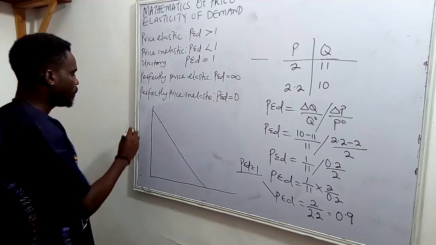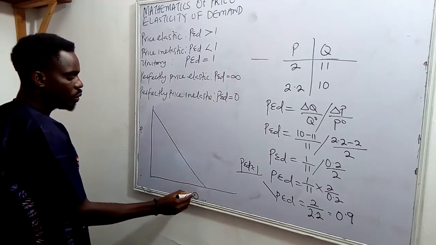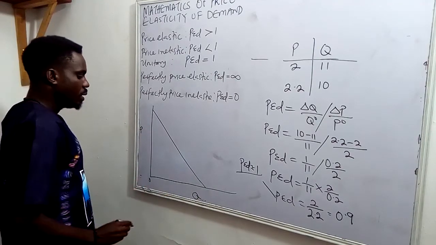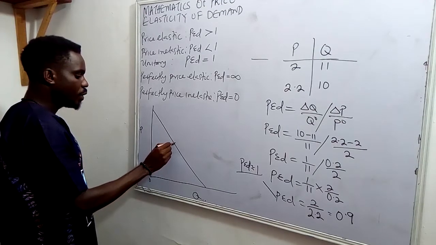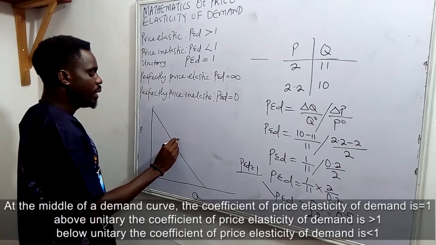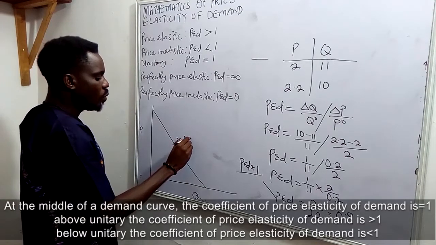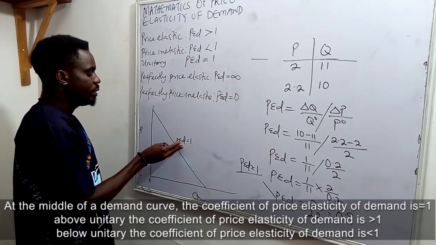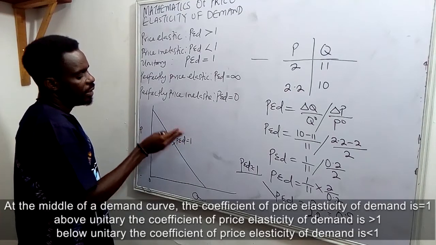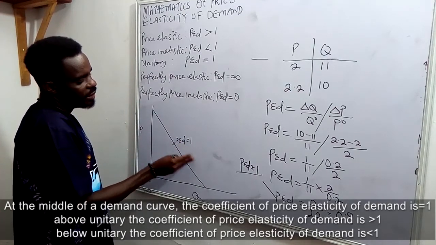Having established this, we can represent all the coefficients on a demand curve. This is our demand curve, this is the price axis, this is the quantity axis. At the middle of the demand curve, we have the unitary, where the coefficient of price elasticity of demand is 1. Anything above unitary is greater than 1. Anything below unitary is less than 1.